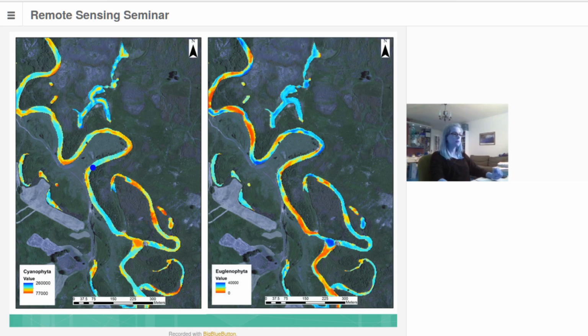Here, in the places where the river is meandering, the color is changing, so the water is standing there, it's not flowing, so it's a better place for the phytoplankton groups to develop.